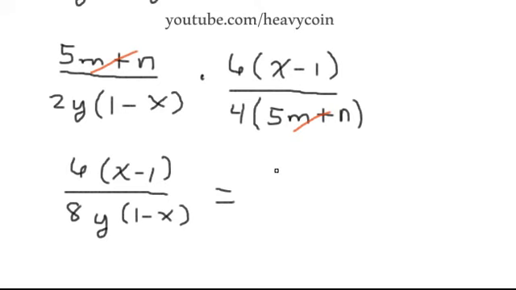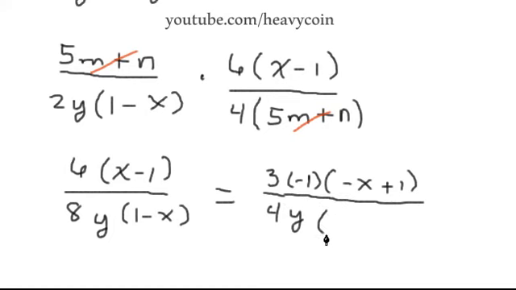Alright, 2 goes into 6 3 times, and 2 goes into 8 4 times. And I'm going to rewrite this y. Now I told you I was going to factor a negative out of the top here, so we're going to do that. And that's going to be left with a negative x plus 1, and of course that's all over 1 minus x.